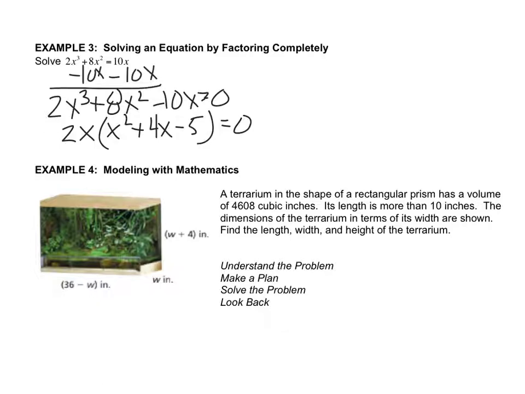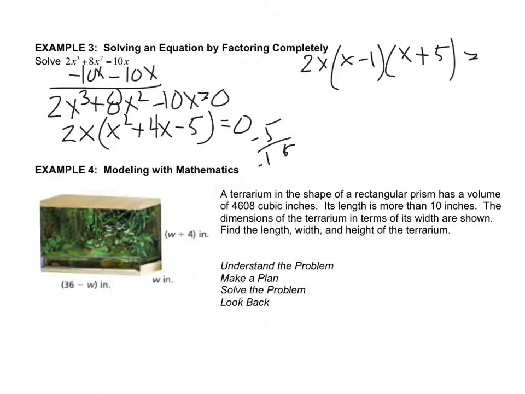So again, I'm looking for factor pairs of the negative 5 that would add up to a 4. And if I use my common sense here, I want to use the negative 1 and the 5, which would multiply together to get the negative 5, and they would also get the sum of the 4x.